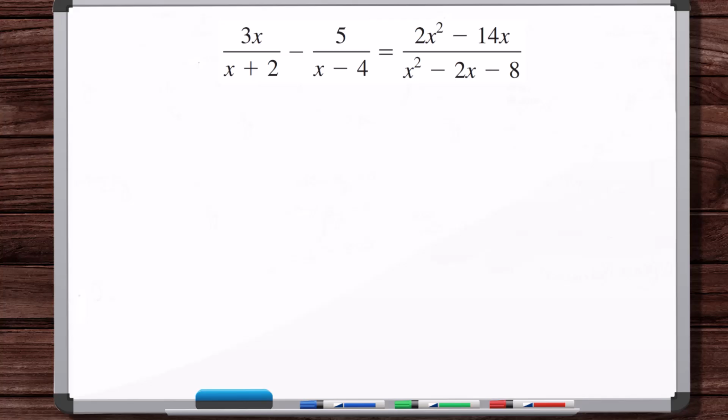To solve any rational equation, it's the same process: we fully factor the denominators, since the rational equations are ratios of polynomials, and then multiply the entire equation by the least common denominator of all the fractions to clear the fractions. What we're left with is just a regular equation with no fractions.